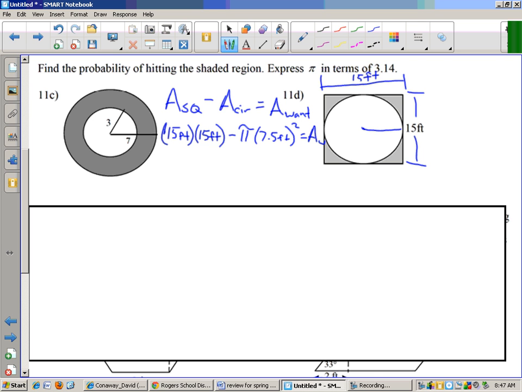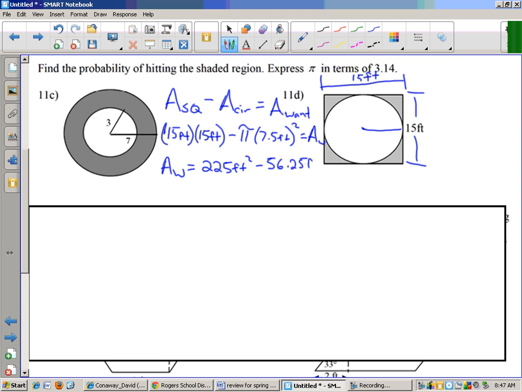All right. So the area we want is equal to 225 feet squared, and 7.5 squared is going to be what? 56.25? Yeah, 56.25.